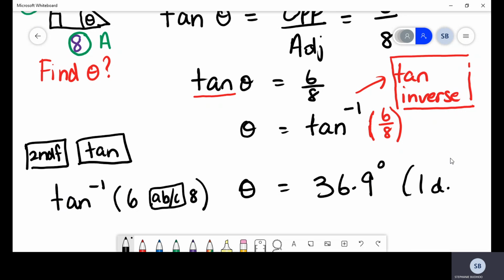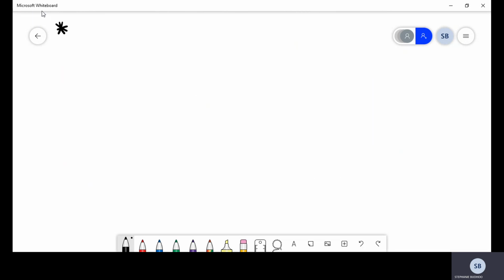Of course, the question would specify how many decimal places they want their answer correct to. If not, make sure you state it in brackets to the side. So this is how you would use SOHCAHTOA to calculate.